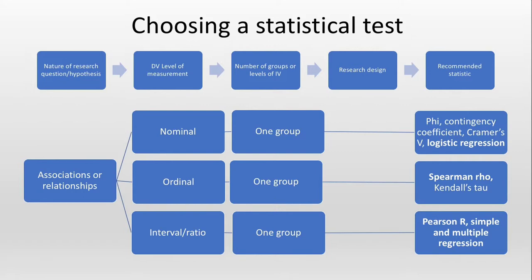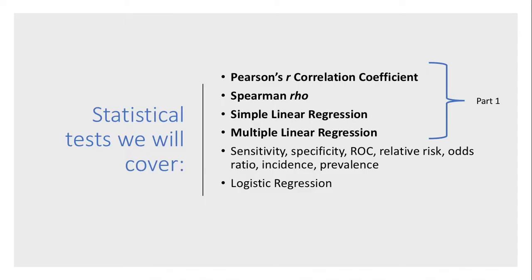If they're looking at predicting a dependent variable from a number of independent variables, that leads you to some form of regression. It depends on the type of independent variable, whether it's nominal, ordinal, or interval ratio, as well as the number of groups. This flowchart can help you think through some of that.